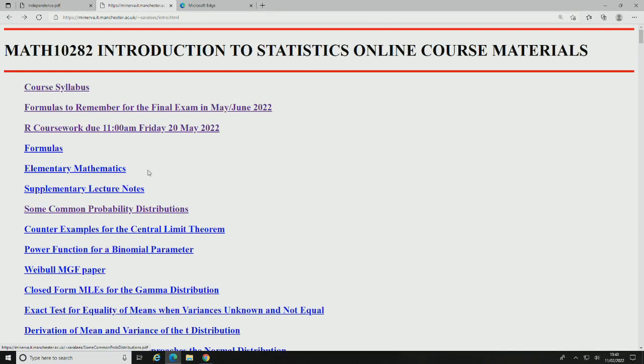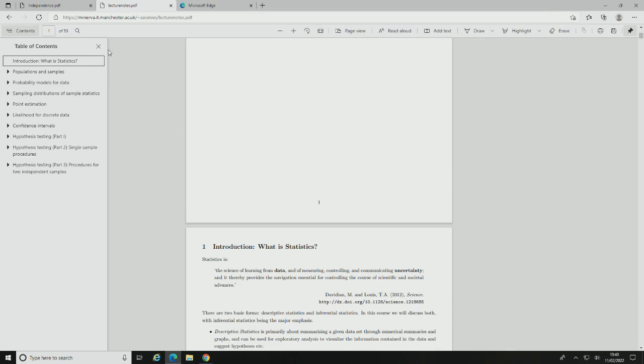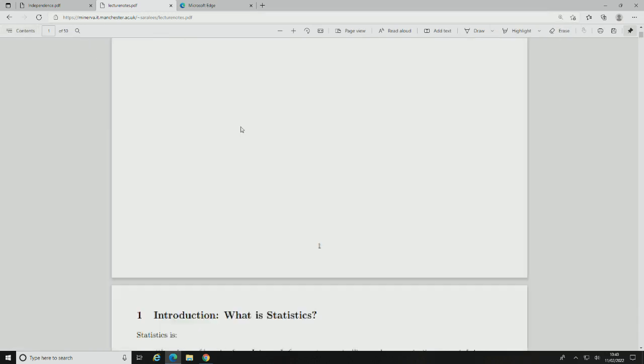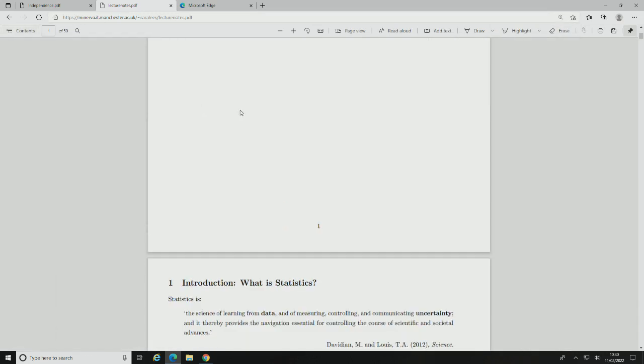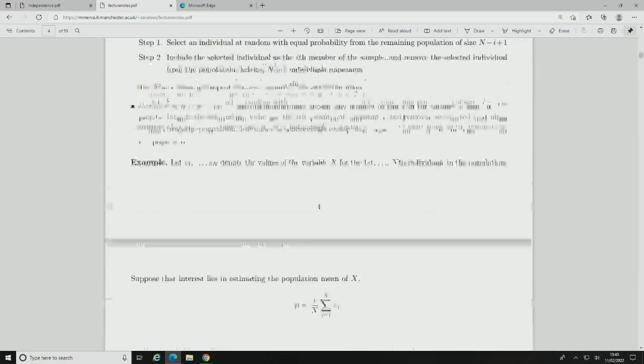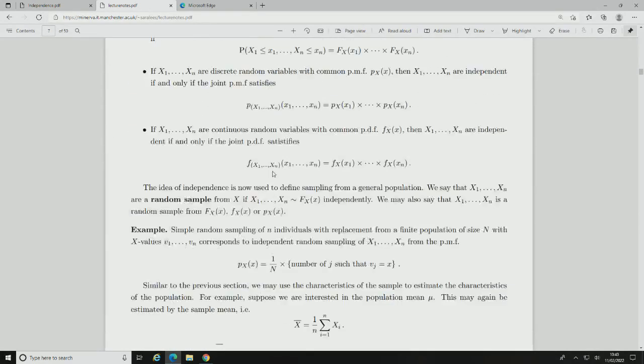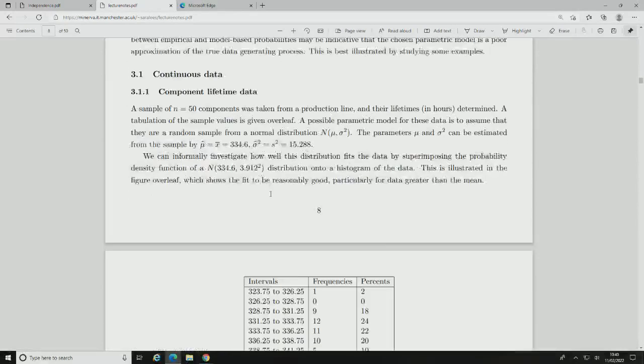And also, if you want to know, excuse me, the notes that I'm using for this course are handwritten, but if you want the printed version of the notes, this is the printed version. I know some of you like to have the printed version, not the handwritten version. So if you want to look at the printed version of the notes, it's this one here, right?